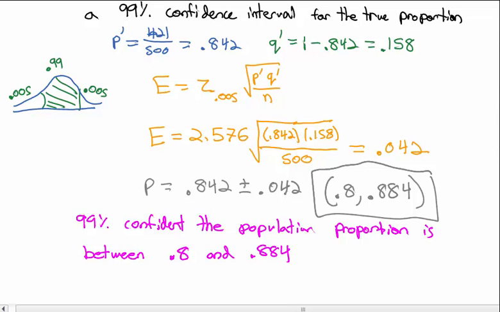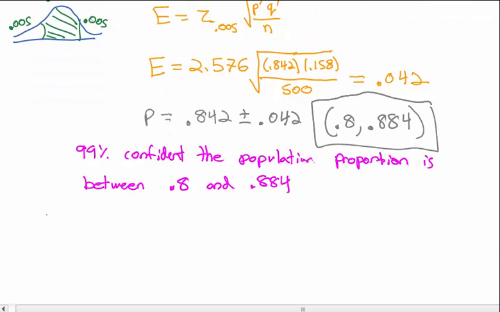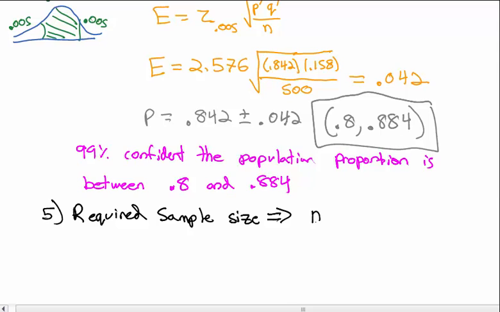One last thing that I want to look at with this proportion. Again, I want to hit on required sample size. Required sample size, again, we take our error formula and we solve for n.